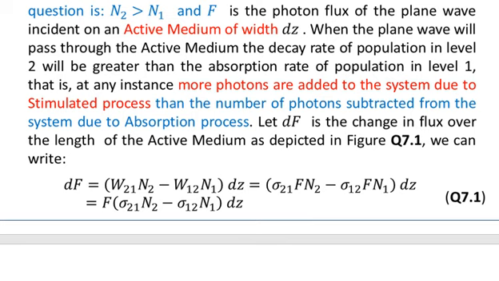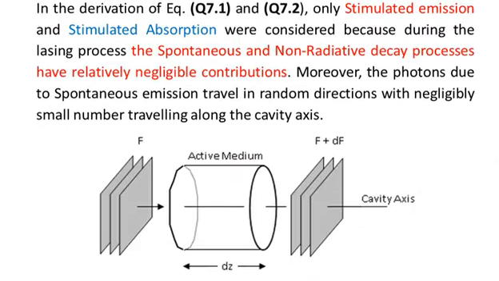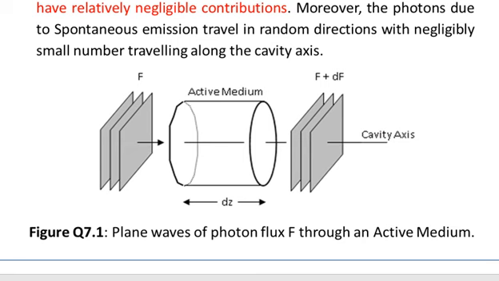Now let delta F be the change in flux over the length of the active medium as depicted in figure 7.1. We can write. So let me show you first the figure. The caption is: plane waves of photon flux F passing through an active medium. You can see that we have an active medium.